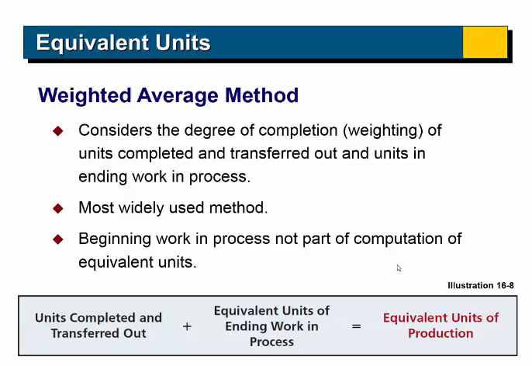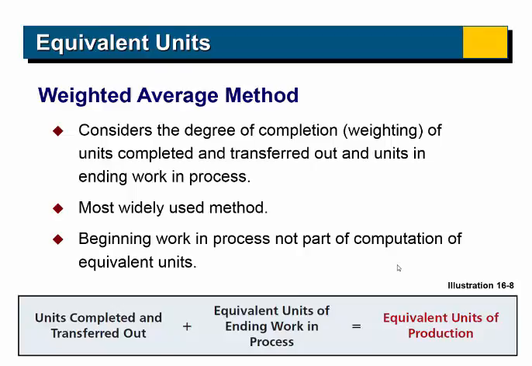It considers the degree of completion or the weighting of units completed and transferred out and units still in ending work in process. We are going to have units that are not finished as of 11:59 p.m. They are only going to be completed part of the way.